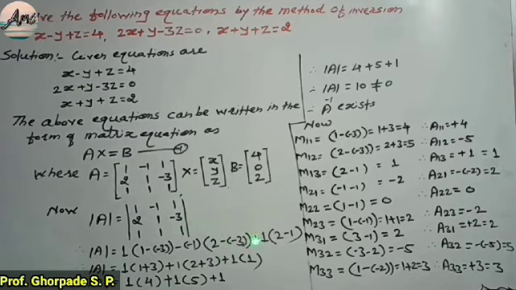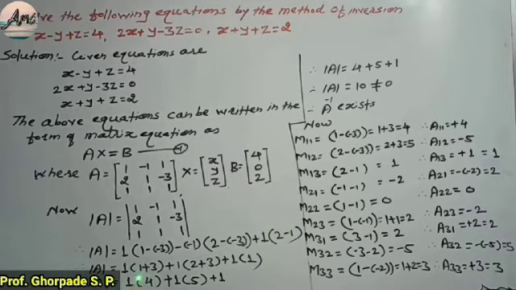Plus 1 into 2 into 1 is 2, minus 1 into 1 is 1. So determinant of A equal to 1 into bracket 1 minus of minus 3, which is plus 3, plus 1 into 2 minus of minus 3, which is 2 plus 3, plus 1 into 2 minus 1, which is 1.